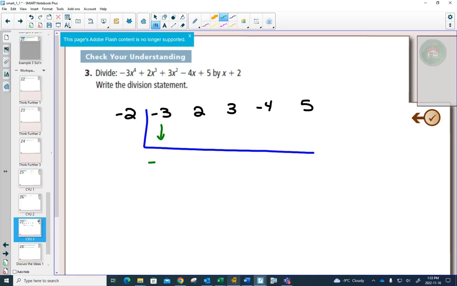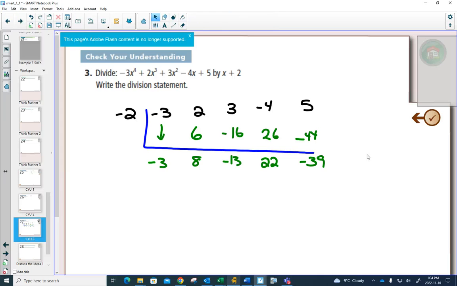Bring down the first number. Multiply, add, multiply, add, multiply, add, multiply, add.